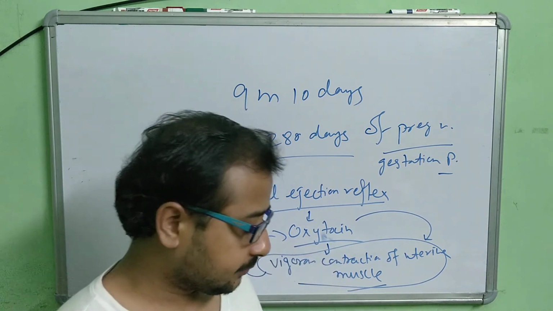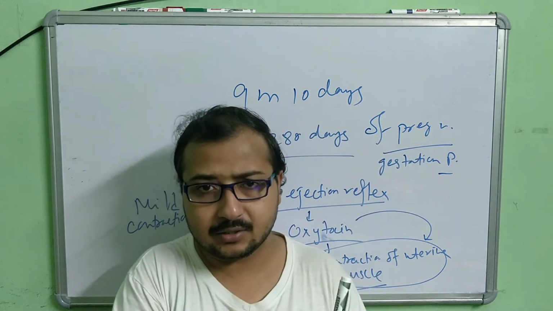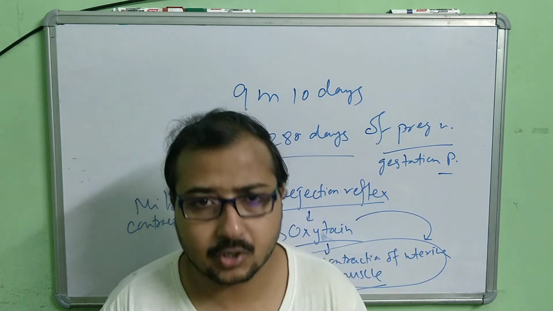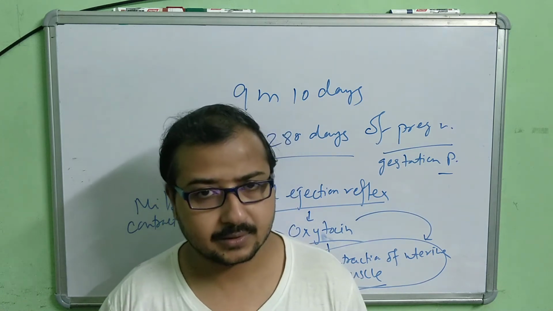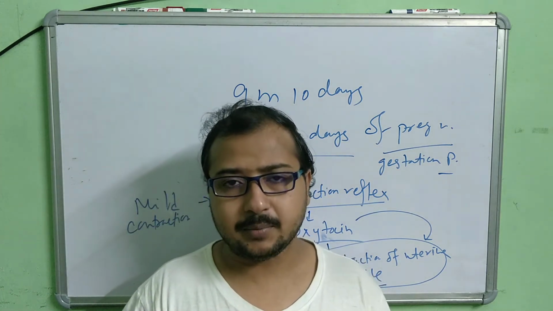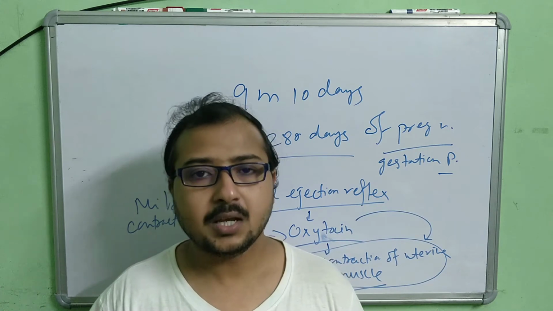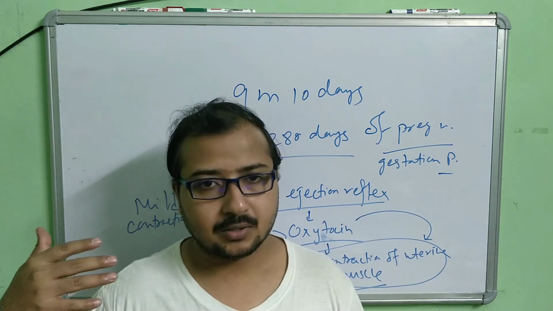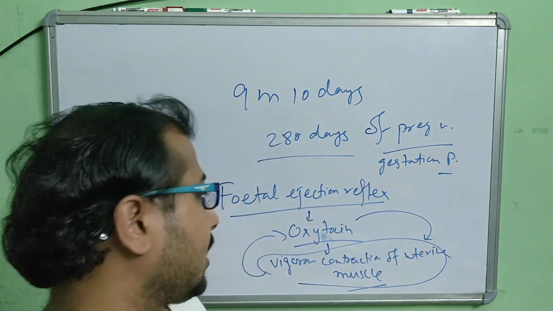This happens through the birth canal, which is the ultimate parturition. After the delivery of the baby, what happens? The lactation period starts. In the mother's mammary gland the milk starts producing.